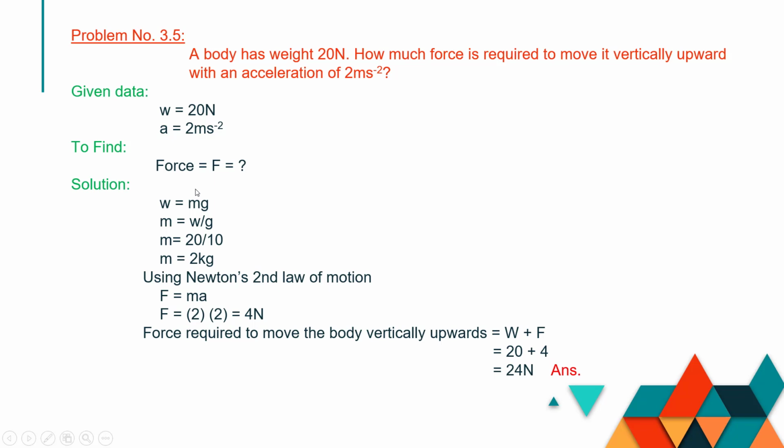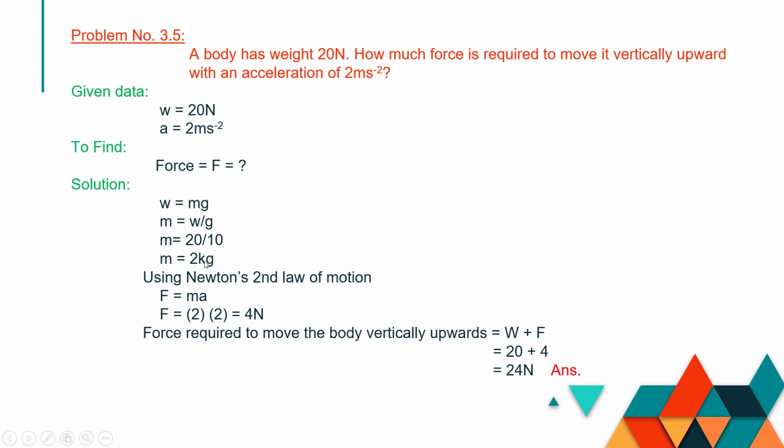So by rearranging this formula, we get m, which is equal to W by g. M is equal to 20, which is the value of the weight, divided by 10, which is the value of g. So by dividing 20 by 10, we get 2 kg, which is the value of mass.